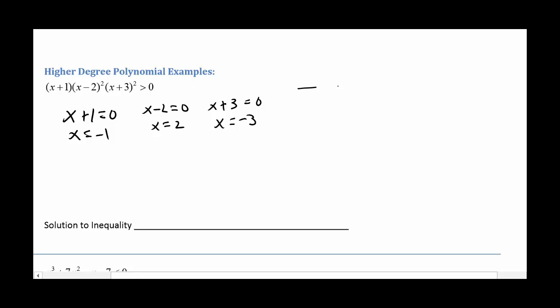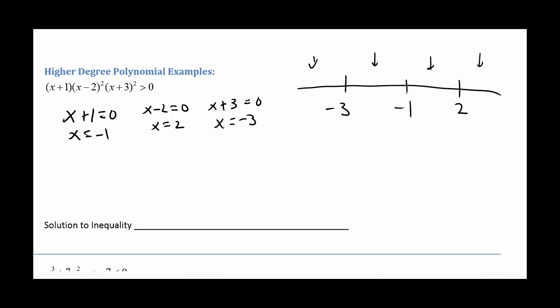So on my number line, the smallest value here is negative 3, then negative 1, then 2. Okay, so I'm going to point them out. I got 1, 2, 3, 4 places that I'm finding test values on.